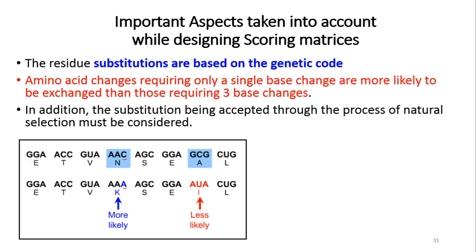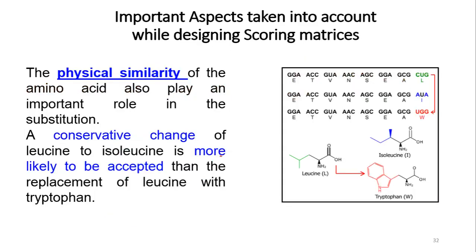Okay, now let us move on to the next aspect. The next aspect that needs to be taken into account while creating such a comparison matrix is the physicochemical similarity between the amino acid residues being considered for substitution in the alignment. The physical similarity of amino acids also plays an important role in substitution.